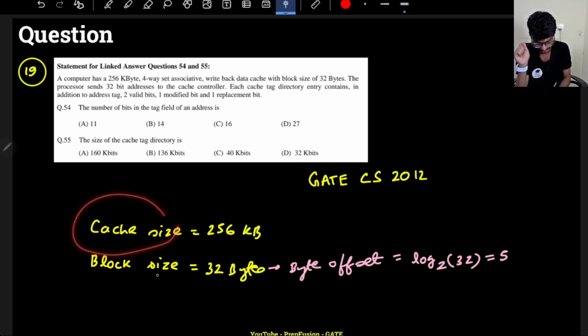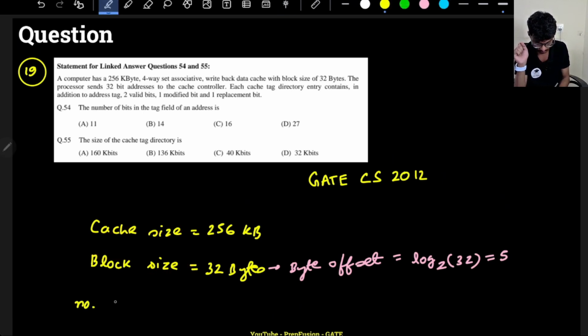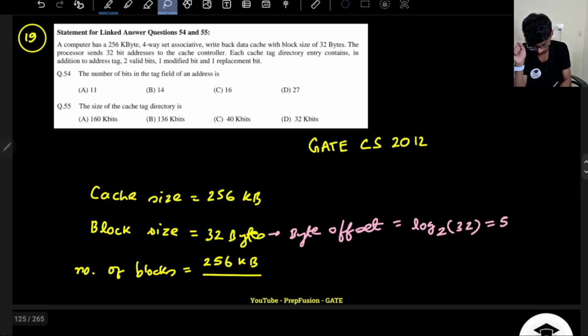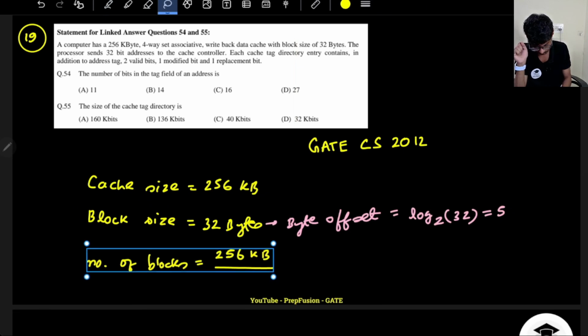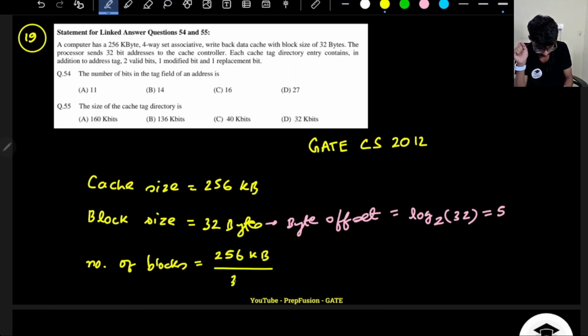If I know the cache size and the block size, I can find the number of blocks: 256 kilobytes divided by 32 bytes. 256 divided by 32 is 8 kilo, which means 2 raised to power 13.